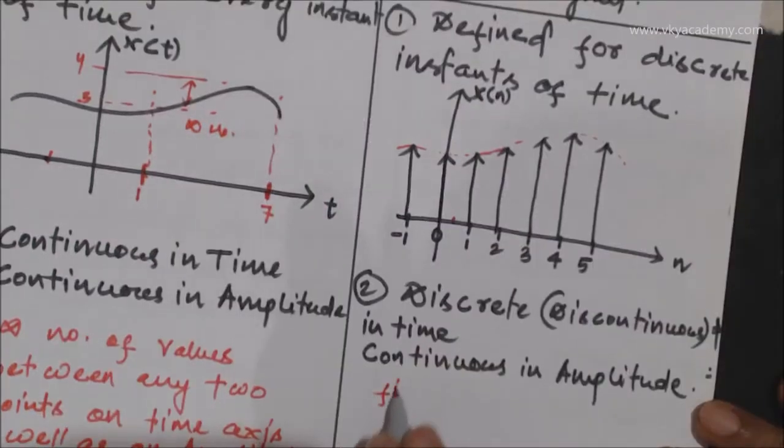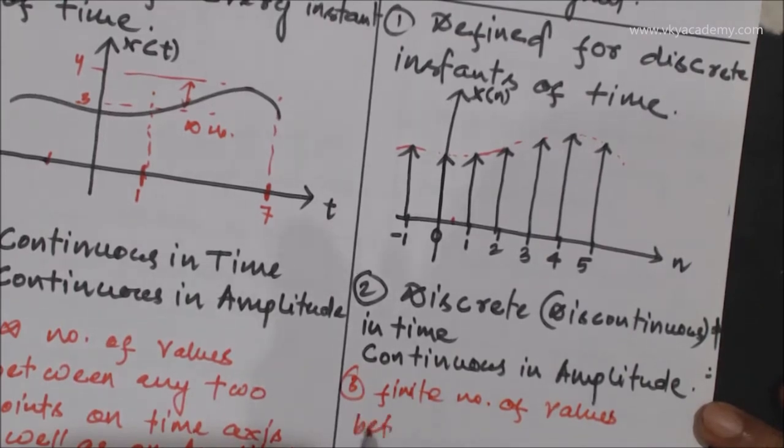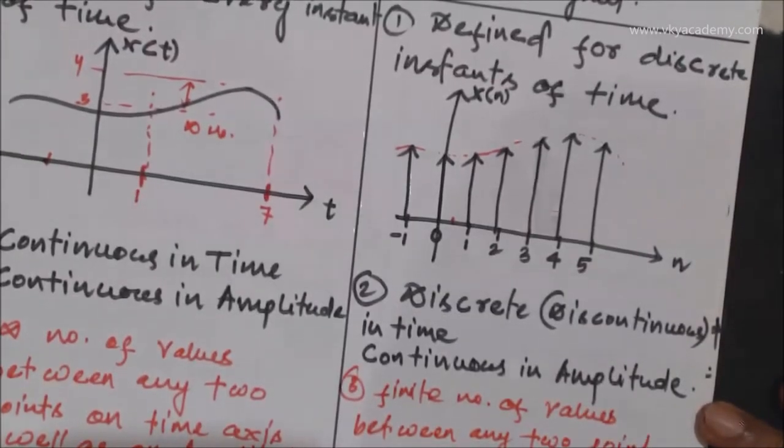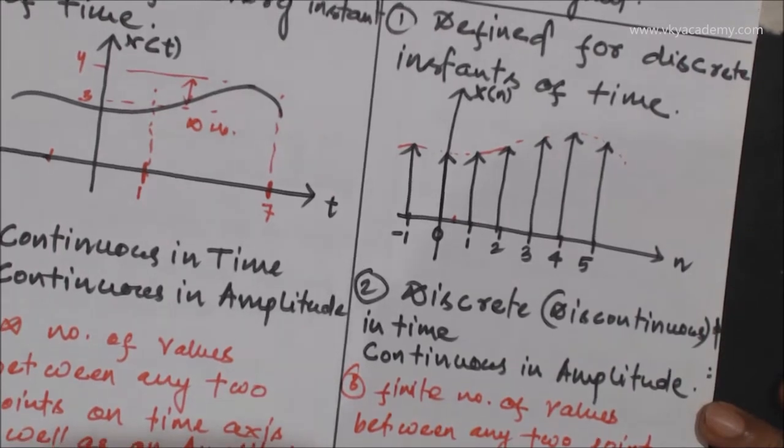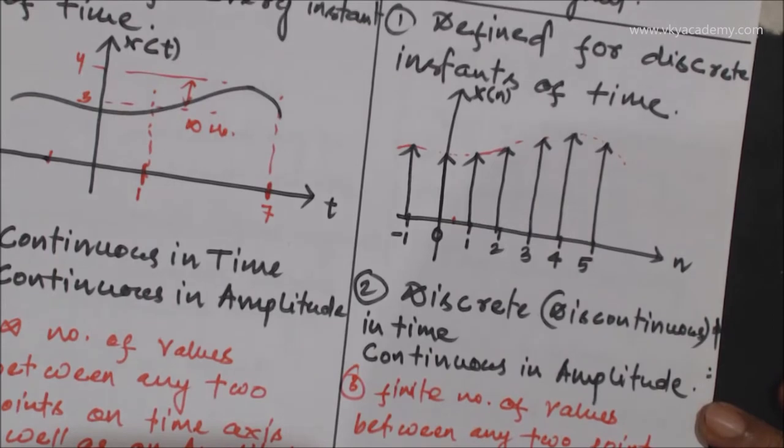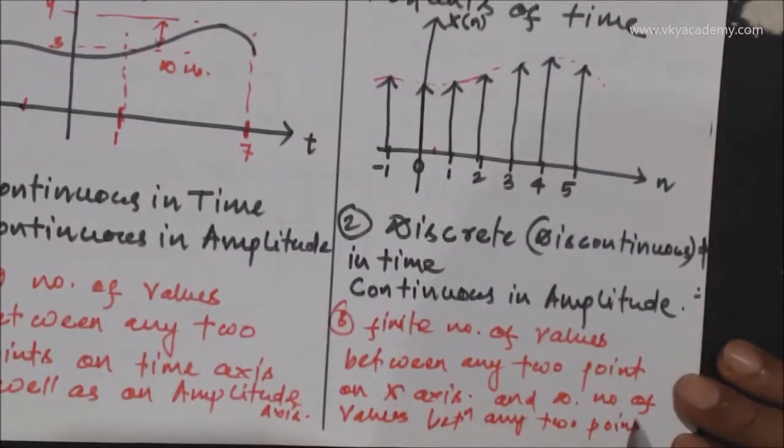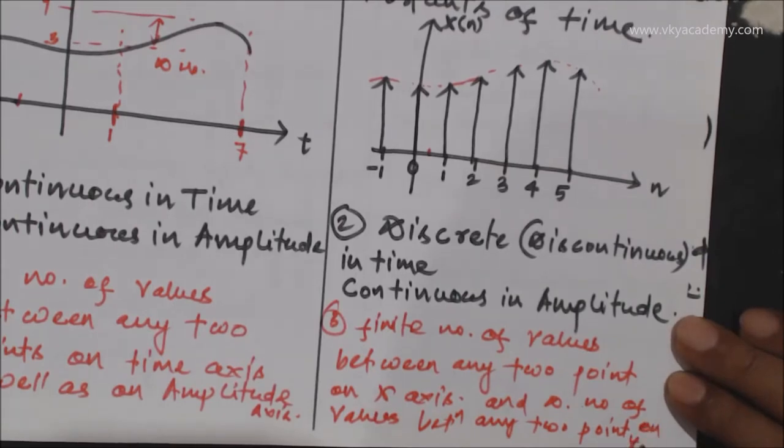Now in the same way, if you can see here, a discrete time signal has finite number of values between any 2 points on the x-axis, or you can say time axis, and infinite number of values between any 2 points on the y-axis.